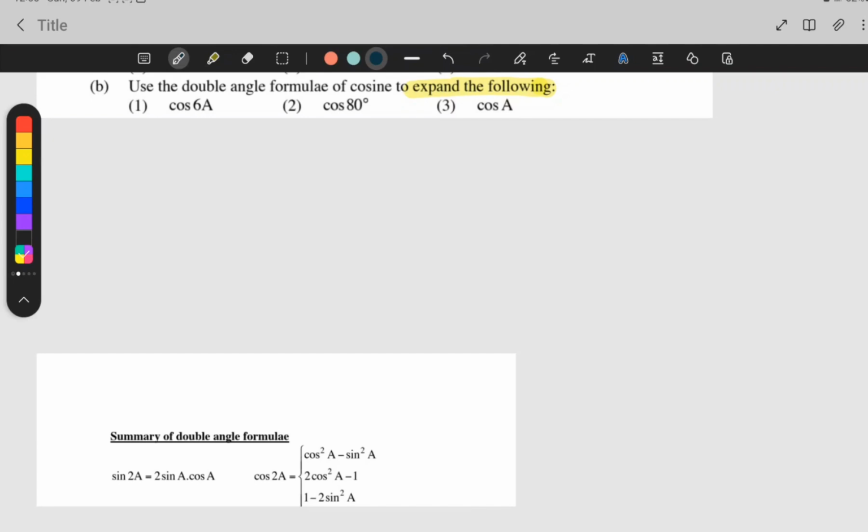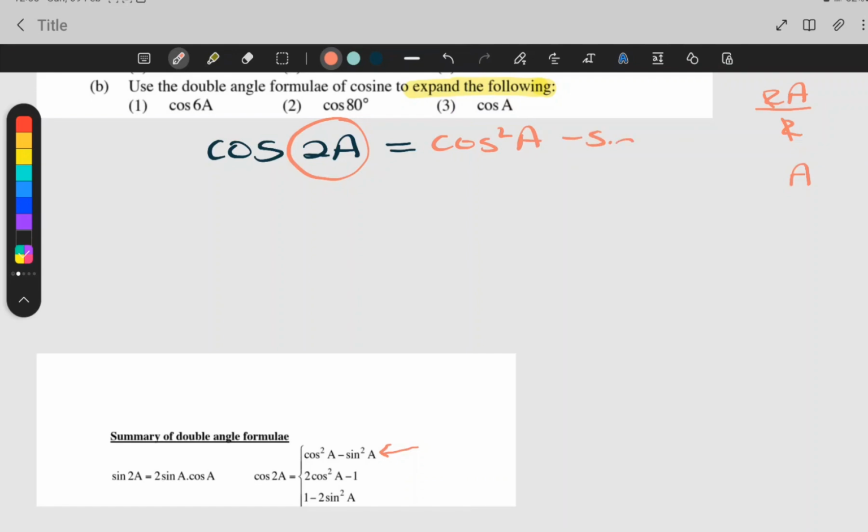Let me explain the cos double angle first. So cos 2A, this is the normal double angle. The first thing you do, you circle this and you do a side note. So double angle is always divided by 2 if you have to expand. This and this will cancel, I'm left with A. So you have 3 options. This becomes cos squared A minus sine squared A. This A and that A came from this A. Another way to write it is 2 cos squared A minus 1.